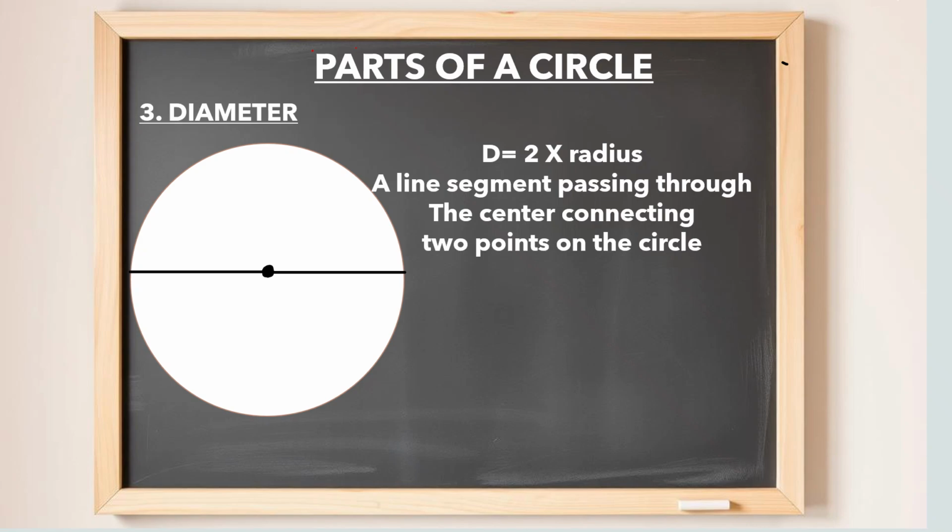It can come in this way. A diameter can also come in this way, but make sure it touches 2 parts of the circle by passing through the center. This is what defines a diameter. It touches any 2 parts of the circle by passing through the center.